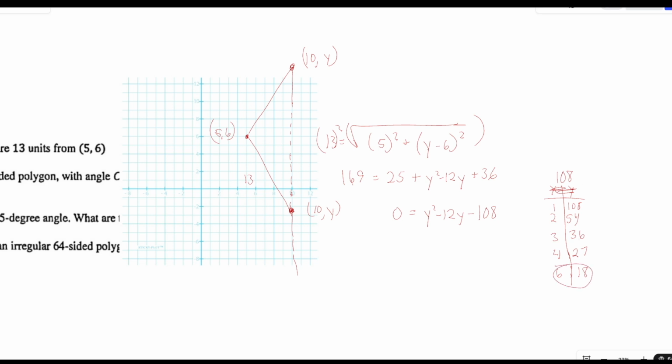But it looks like 6 and 18 will work. Of course, you could use Ben Quad or AA Quad programs on your calculator. So these are our two y values that create our 2 points.